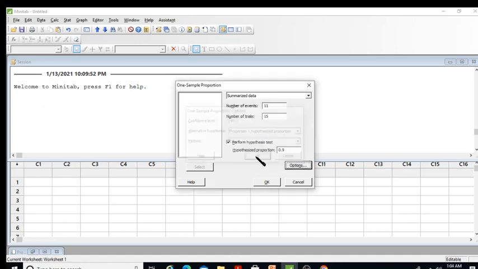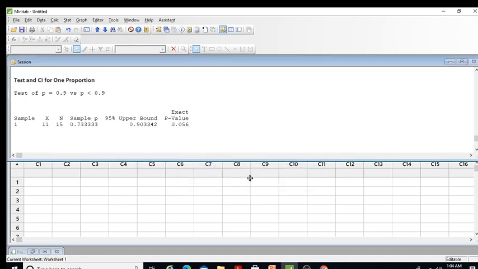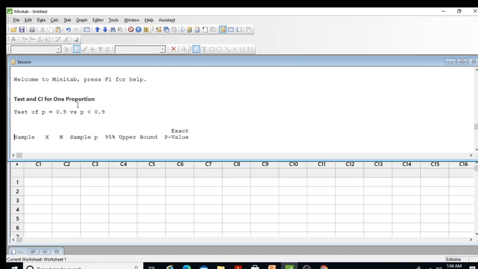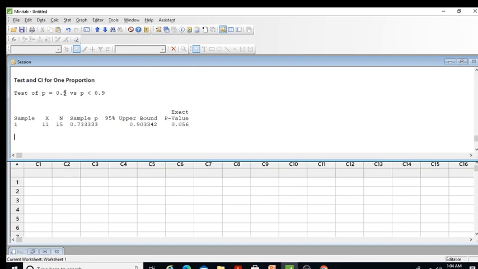Once I click OK, I will be able to see the result: the test for this population proportion, where the hypothesized proportion is 0.9, which is your null hypothesis, versus the alternative hypothesis, which is what the doctor or researcher wishes to investigate, less than 0.9. Here 15 samples have been taken, and 11 is the number of successes, so 11 by 15 means 0.733, your sample proportion.